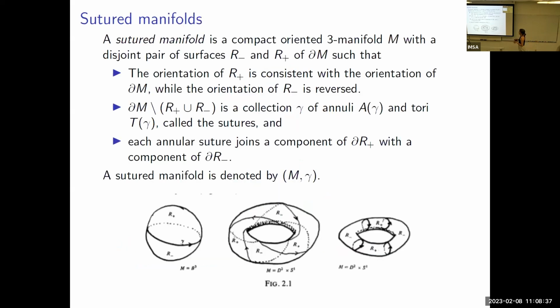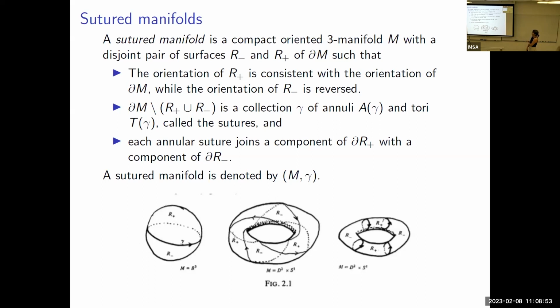So to do so, we work with sutured manifolds, which were mentioned yesterday in a couple of talks. But let me remind you what they are.